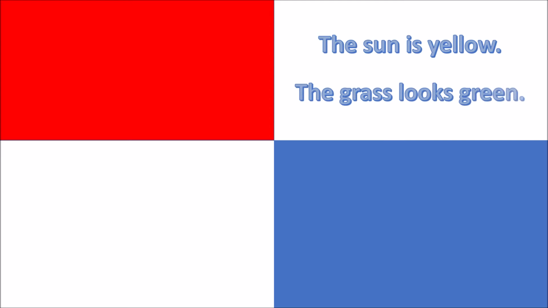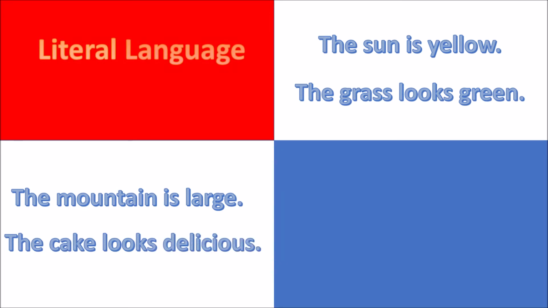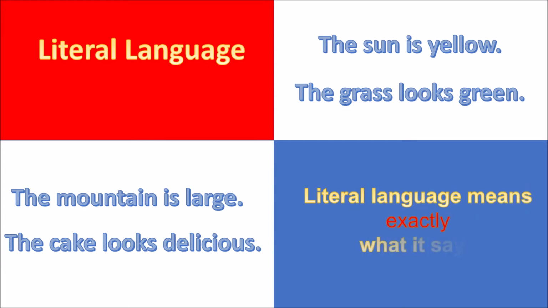The sun is yellow. The grass looks green. The mountain is large. The cake looks delicious. In each sentence, the message is precise and gives us exactly the meaning of each sentence. This is literal language.